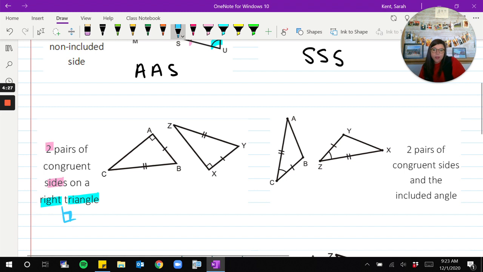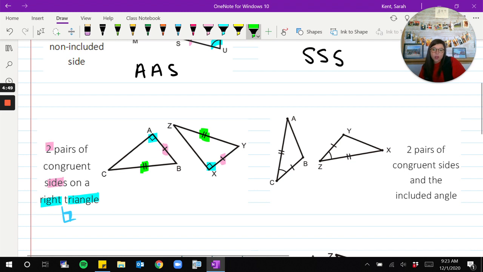If I look at my triangles, I can see here is a square and here is a square. So these are both right triangles. Then I've got 1 tick mark, 1 tick mark, and then 2, 2.